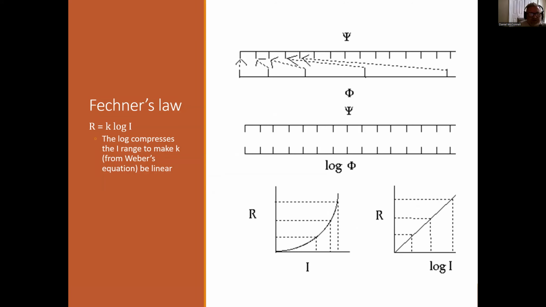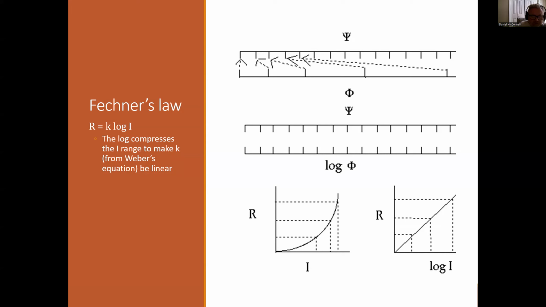So that's what we're looking at here. Again, we have the physical and psychological scales on top, where we see the psychological scale is constant and equally spaced, whereas the physical scale shows ever increasing spacing. But once we take the log of the physical scale, suddenly everything compresses so that all of the points line up.